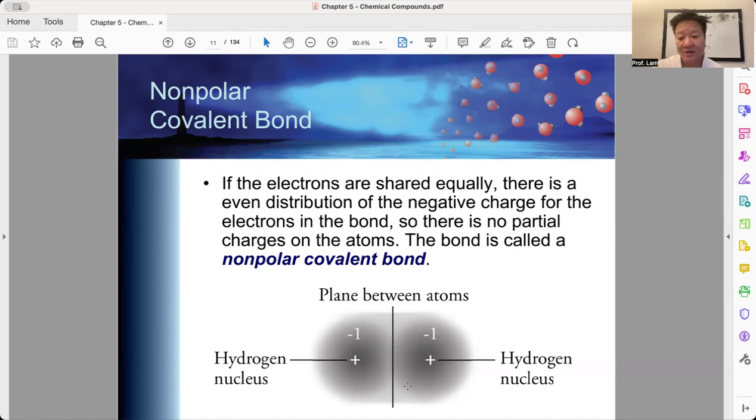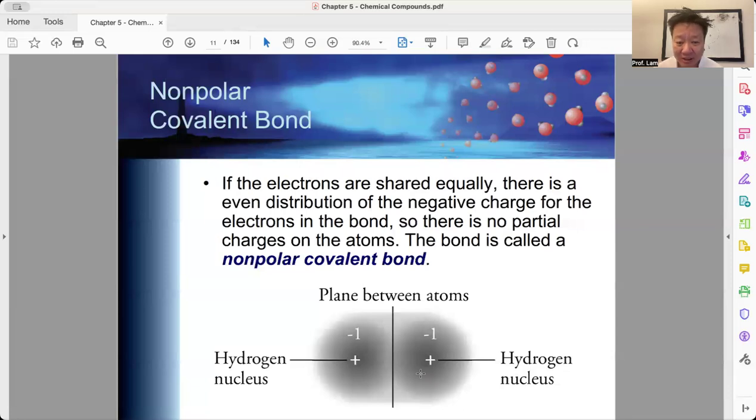So the electron density will lie exactly in the middle of the two hydrogen atoms. And so we call this a non-polar covalent bond, where the sharing of the electrons is completely equal between the two hydrogen atoms. It's very egalitarian.